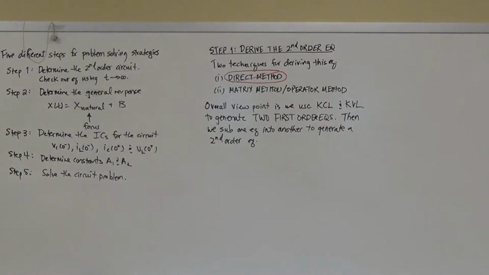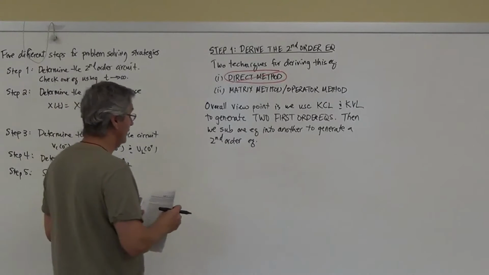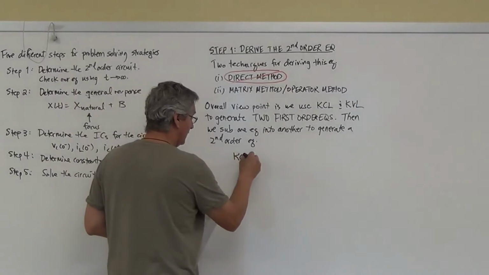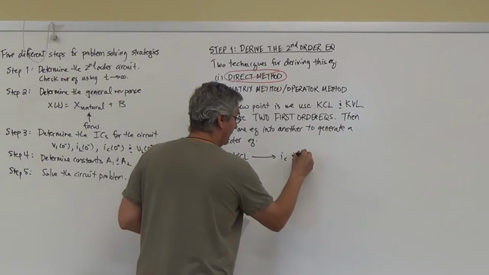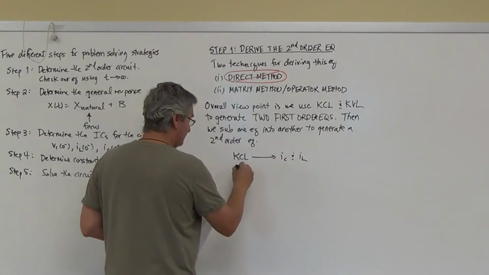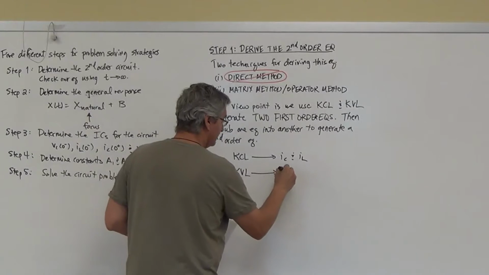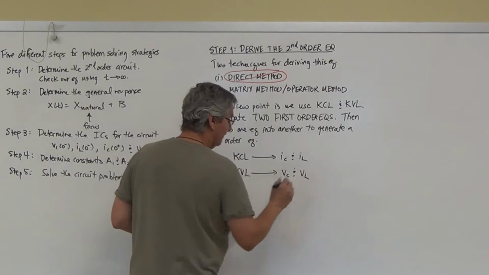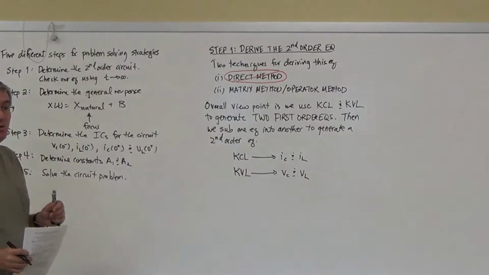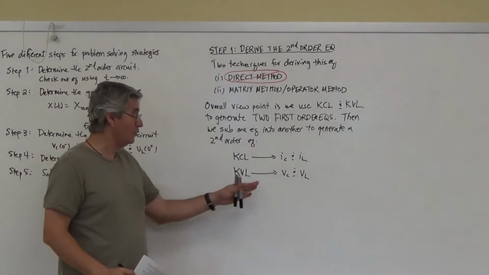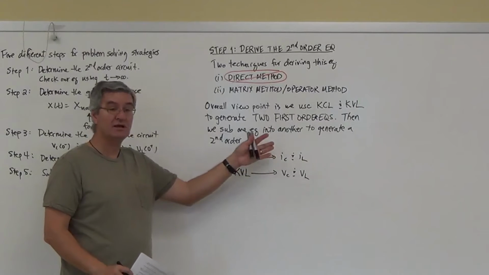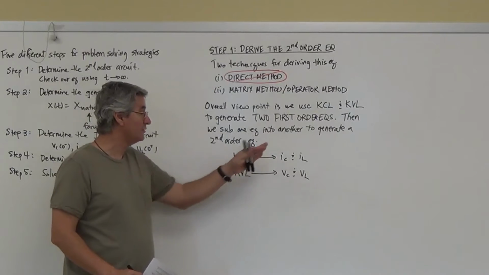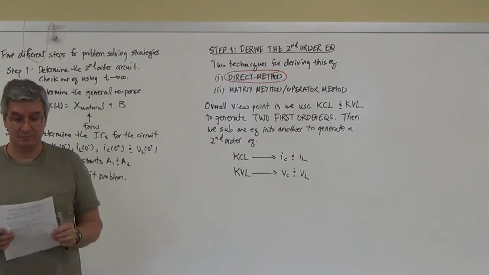And you're going to see that there's this very unique process that we're going to go through here. So we'll use KCL to do what? Relate IC and IL. Then we're going to use KVL to generate VC and VL. And we're going to relate those 2 quantities. And when we do that, we typically solve for one variable in one set of equations and plug it into the other. And then it turns out that we get a second order equation from that.